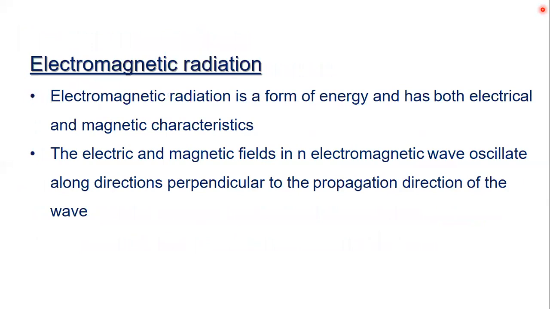As I told you, it's a form of energy that contains both electrical and magnetic characteristics. The electric and magnetic fields in an electromagnetic wave oscillate along directions perpendicular to the direction of propagation.